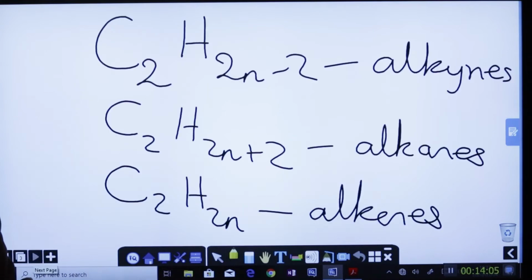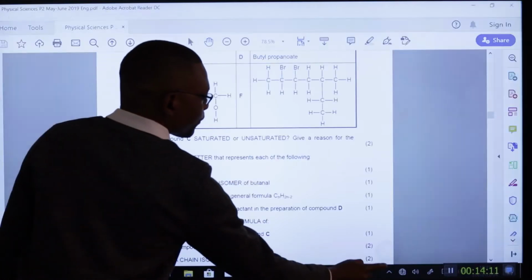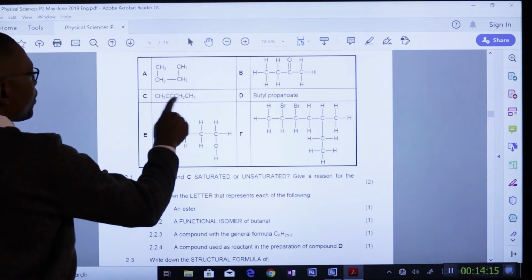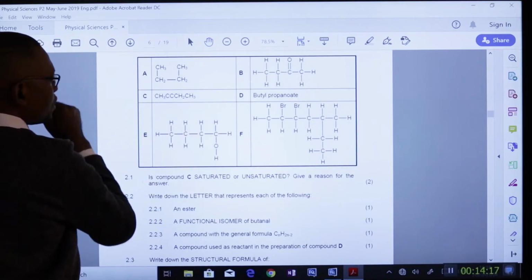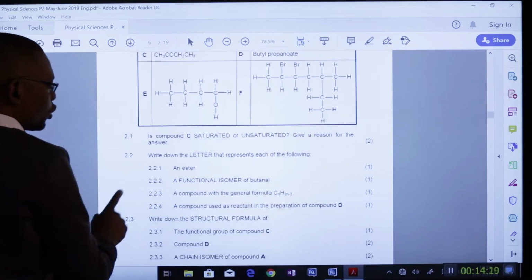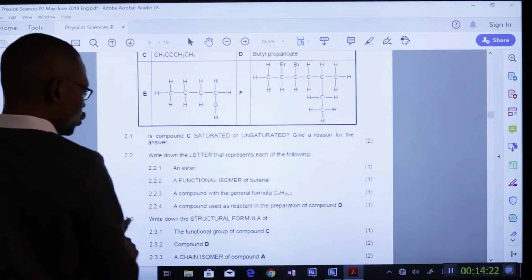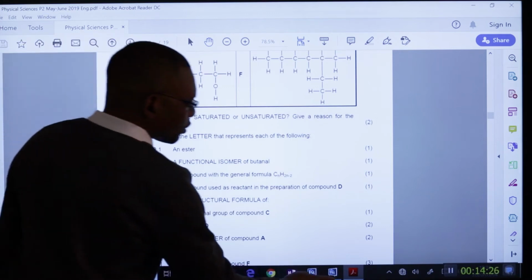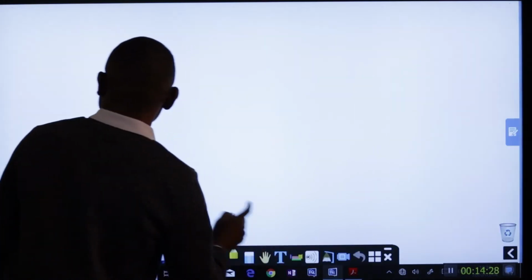But anyway, I started train slash. We can still represent it. We are saying that compound C, if you look at compound C, that's the one which is with a triple bond. So if we are to draw the functional group of compound C, it's going to be something like this.